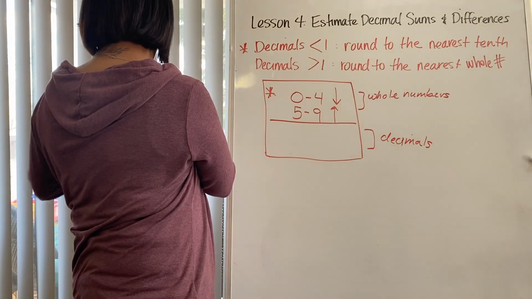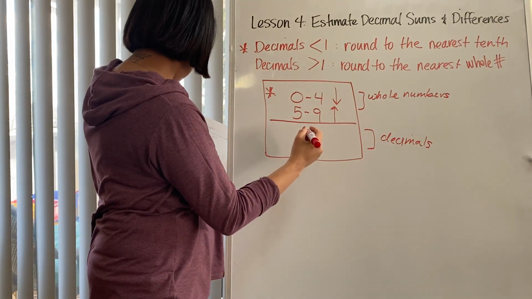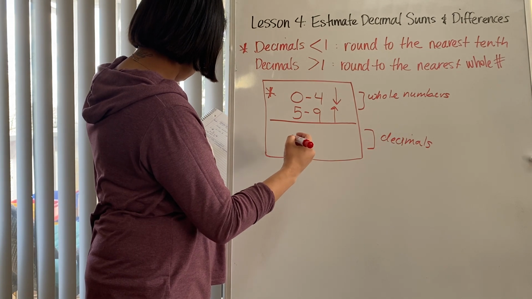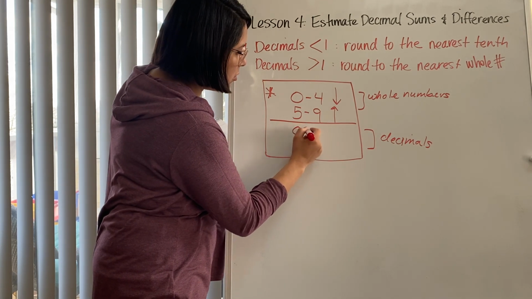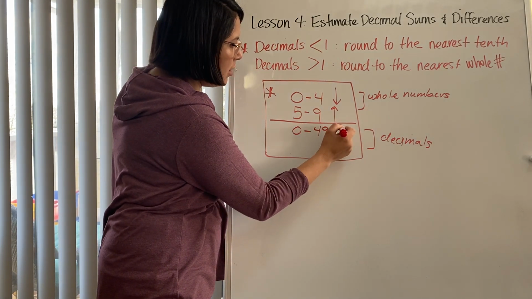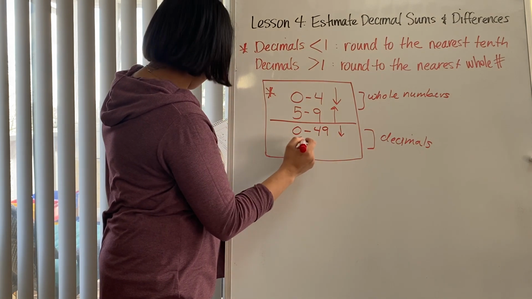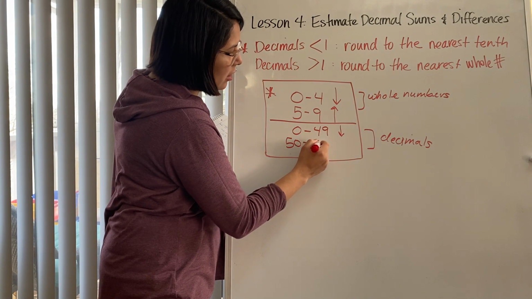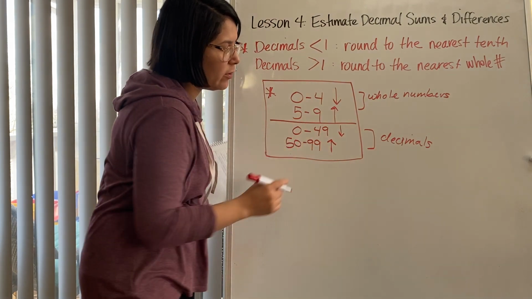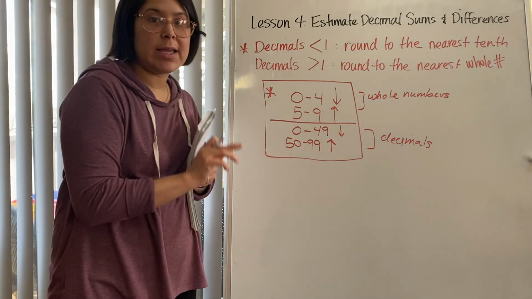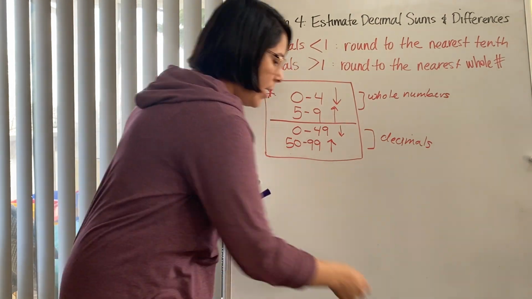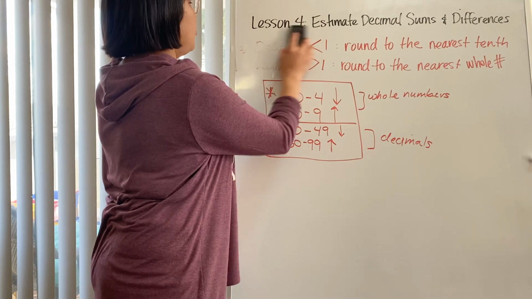So 0 to 49 is going to go down, and then 50 to 99 is going to go up. And I'm going to explain what all that means, but I want you to write that down so you can refer back to it. Okay, let's go ahead and do the first example.